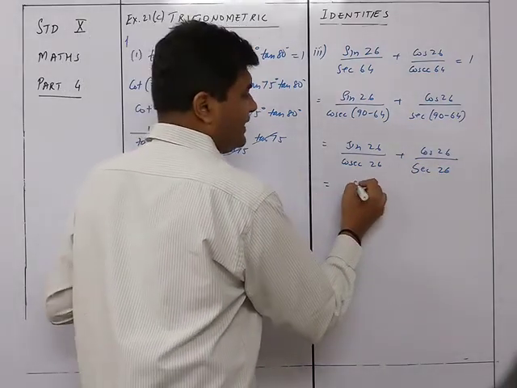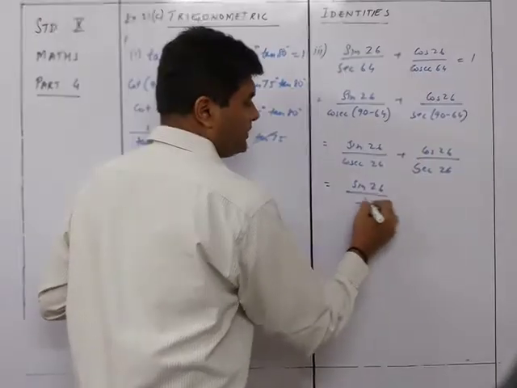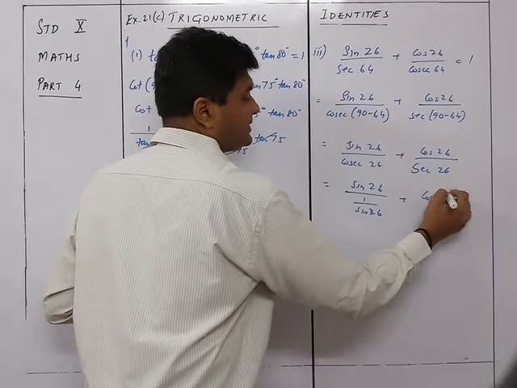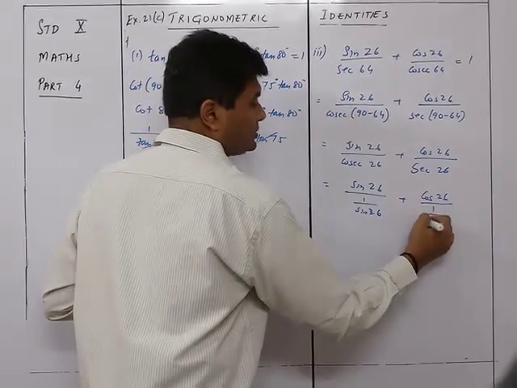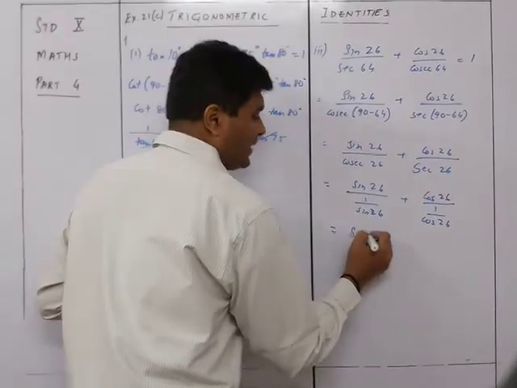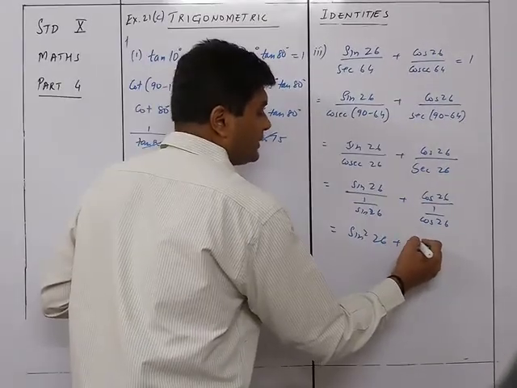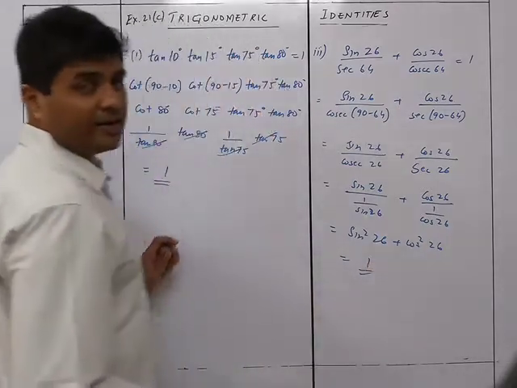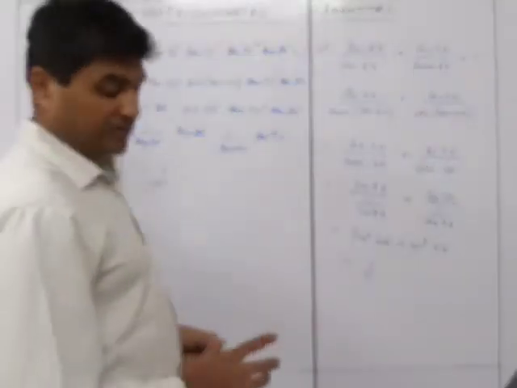So that will be sin 26 upon 1 upon sin 26 plus cos 26 upon 1 upon cos 26. That will become sin square 26 plus cos square 26. That is 1, because sin square theta plus cos square theta is 1. Hence, proof.